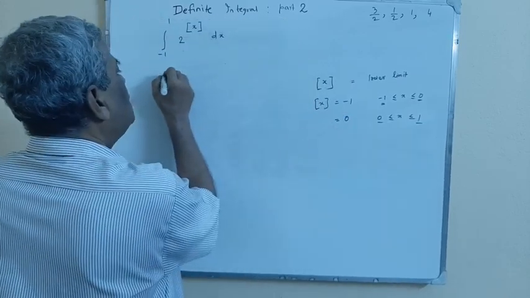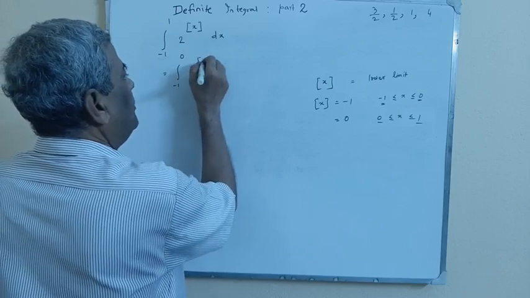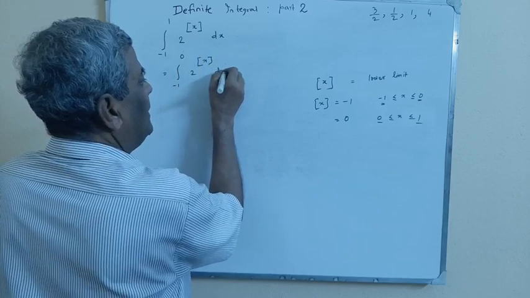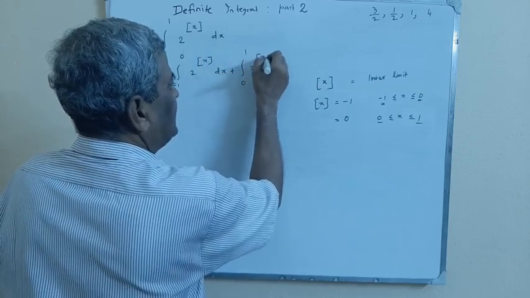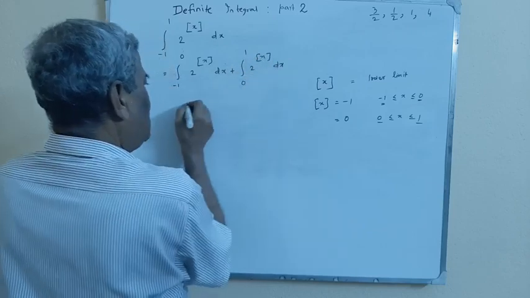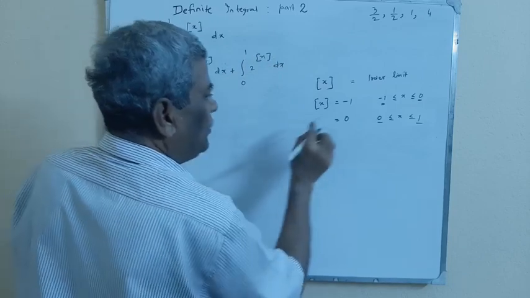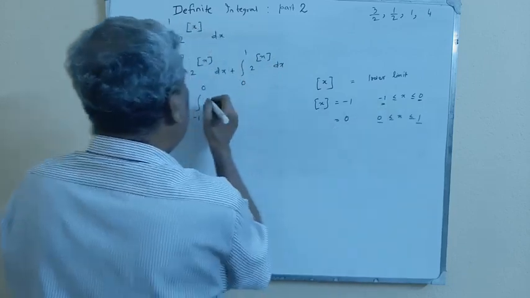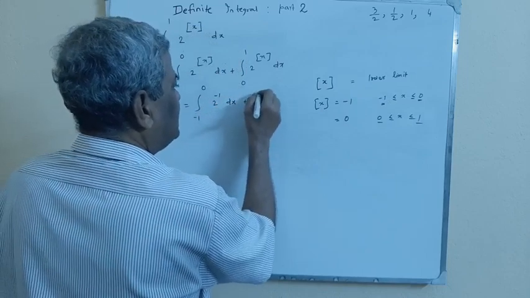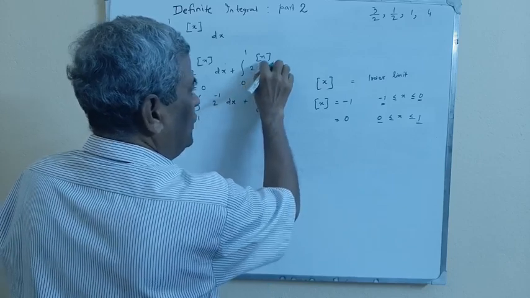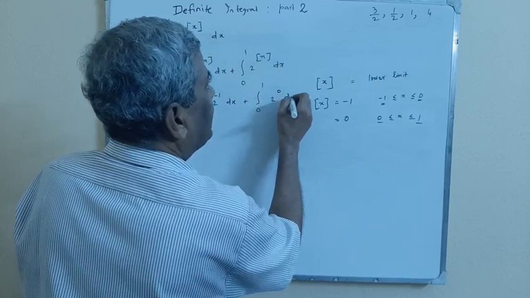So this thing is equal to the integral from minus 1 to 0 of 2 to the power [x] dx, plus the integral from 0 to 1 of 2 to the power [x] dx. It is equal to the integral from minus 1 to 0 of 2 to the power minus 1 dx, plus the integral from 0 to 1 of 2 to the power 0 dx.